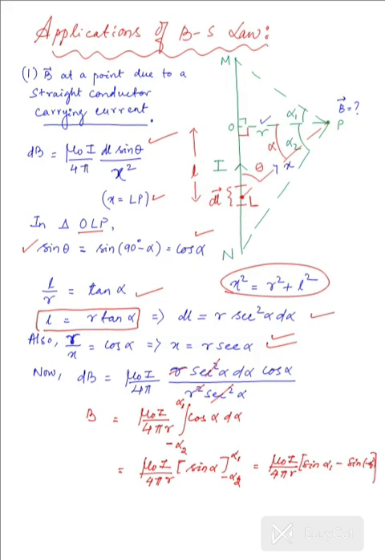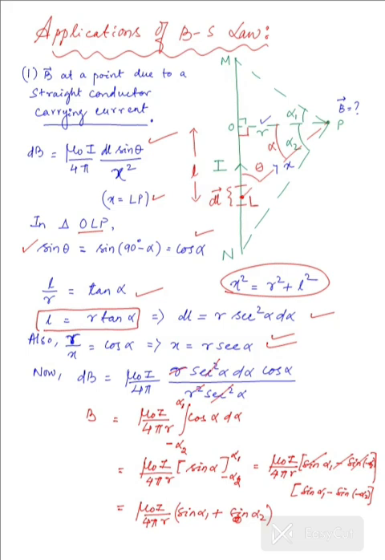So sine alpha 1 minus of sine minus alpha 2, that is going to give me, it's still clumsy, so this is resulting in mu naught I over 4 pi r, sine alpha 1 plus sine alpha 2, because sine, as you know, is an odd function.